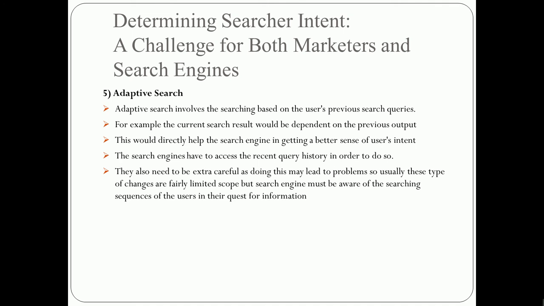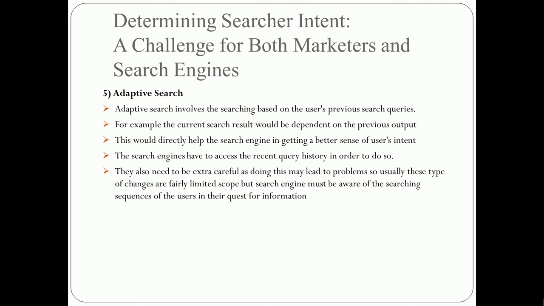For example, the current search result would be dependent on the previous output. This would directly help the search engine get a better sense of the user's intent. So this type of searching will give a better result.